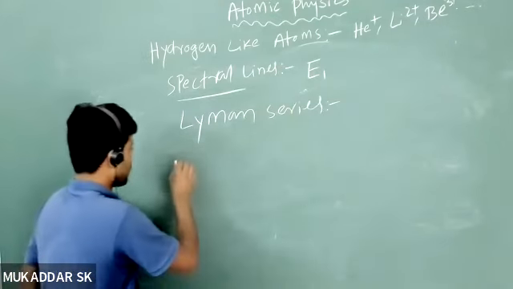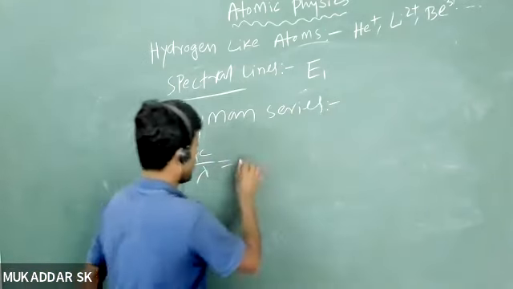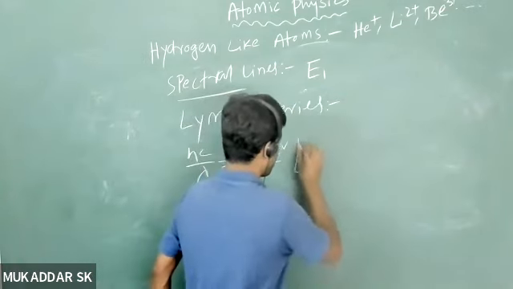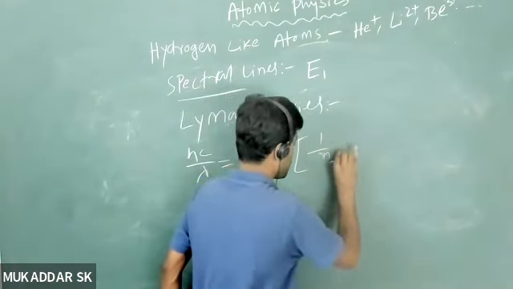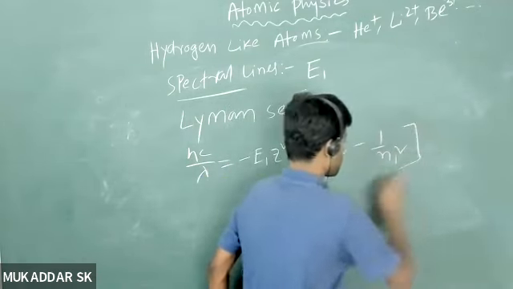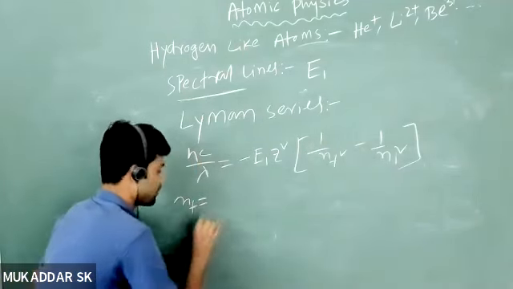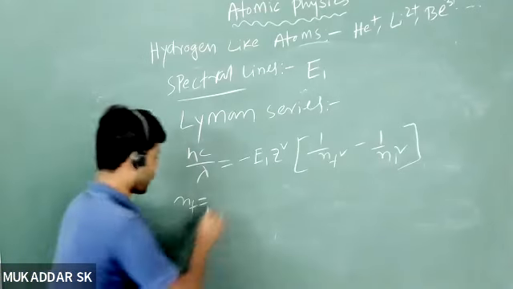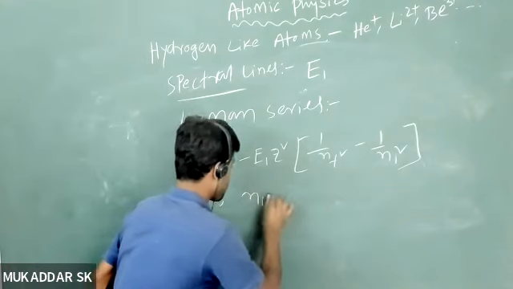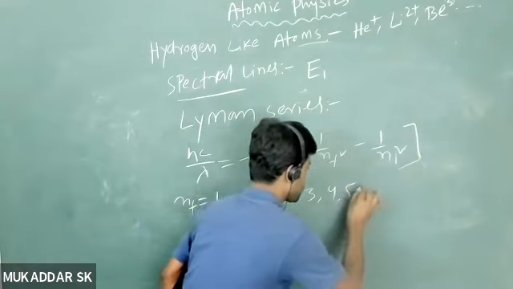That energy you wrote, right? hc by lambda equals minus E1 Z square into 1 by nf square minus 1 by ni square. So when nf, the final state quantum number, is 1, ni can be 2, 3, 4, 5, and so on.